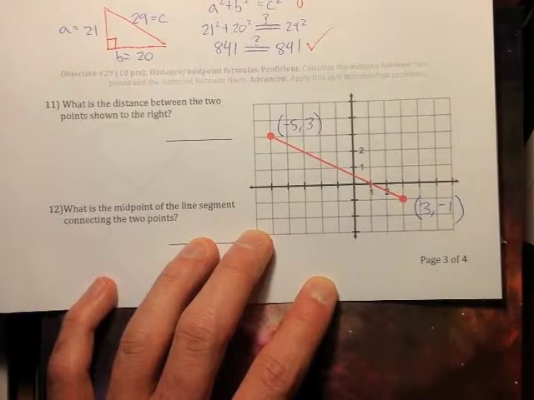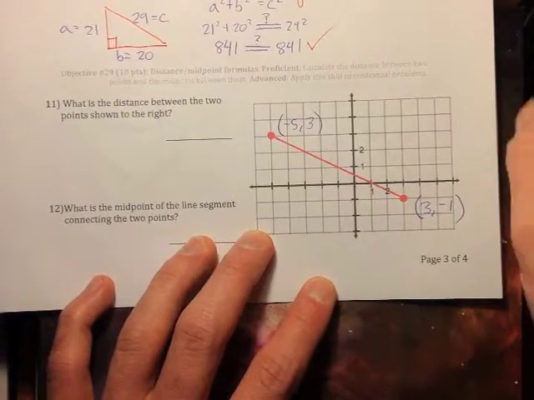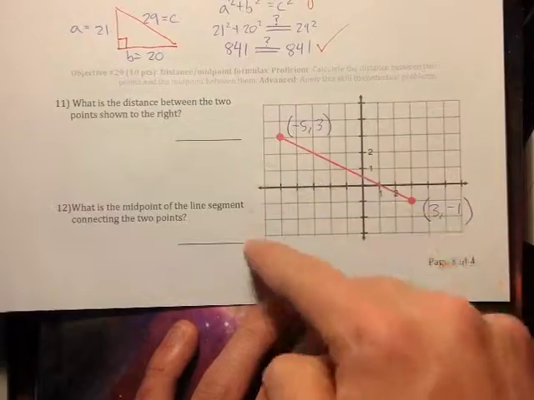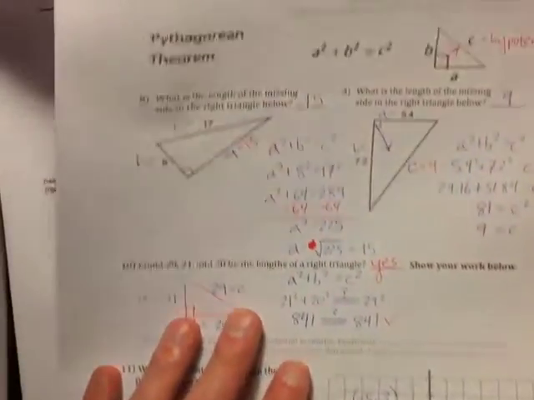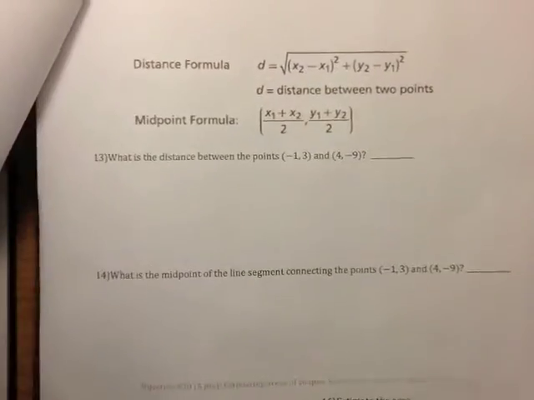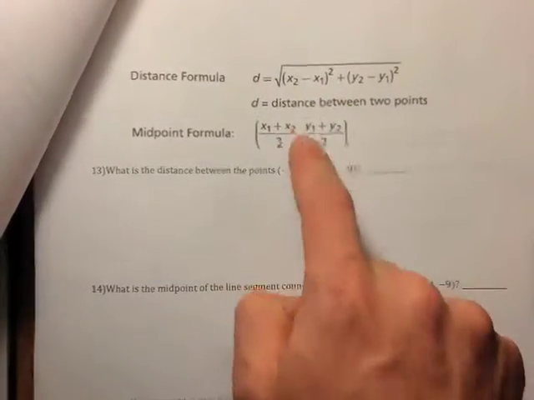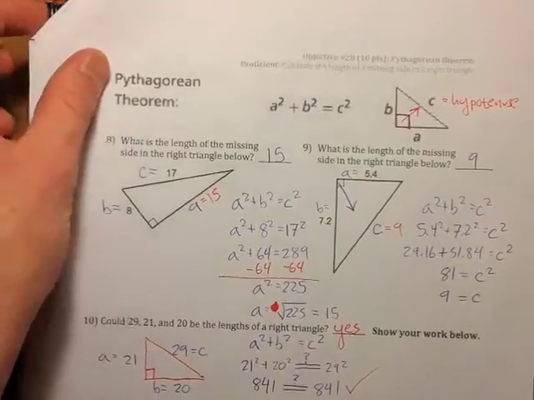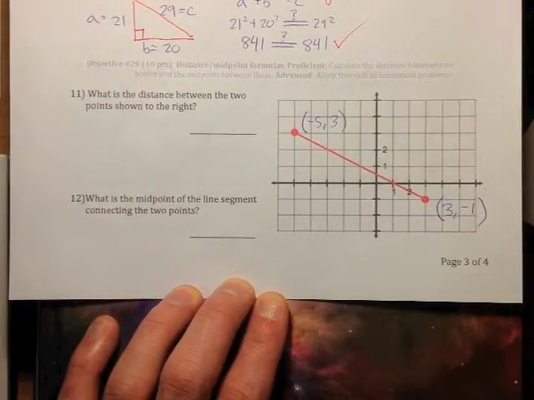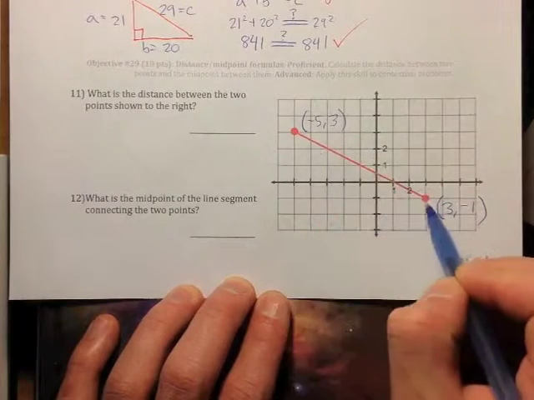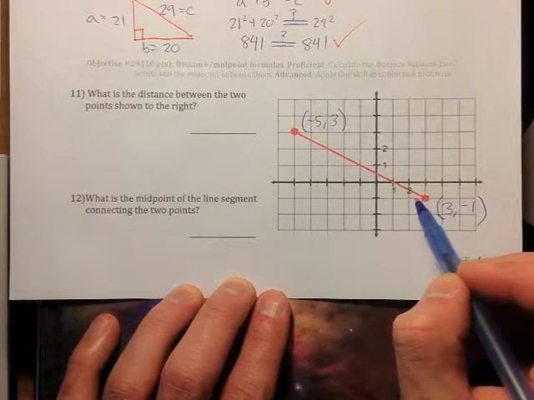Now, what was going through my head when I wrote this test is that I give you the graph of the 2 points, but I don't yet give you the distance and midpoint formula. That's on the next page. So what I was hoping that you would do is demonstrate to me that you know intuitively how to find the distance between 2 points from a graph.